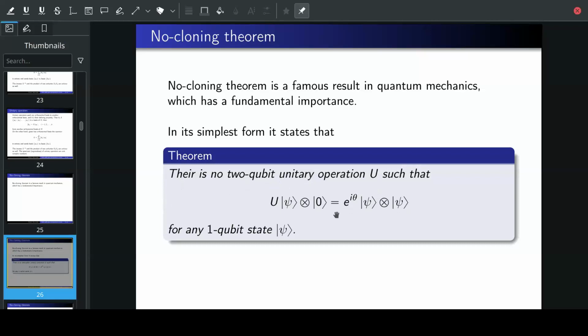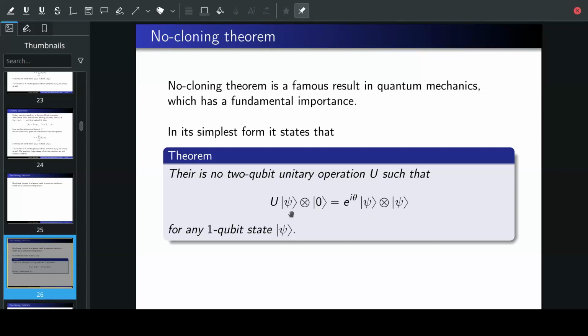And we require that this formula should hold for any 1-qubit state psi.